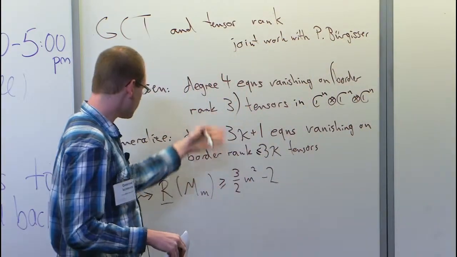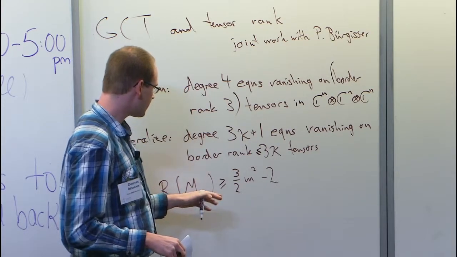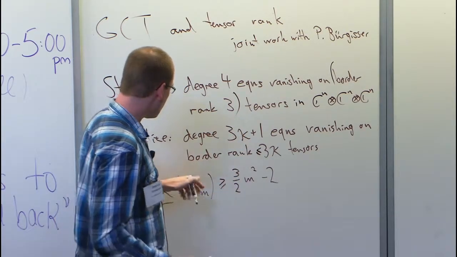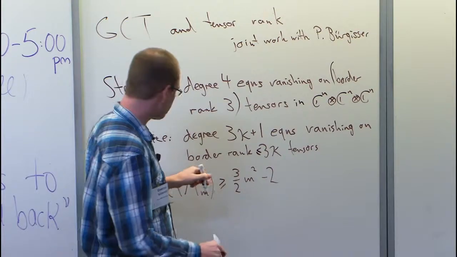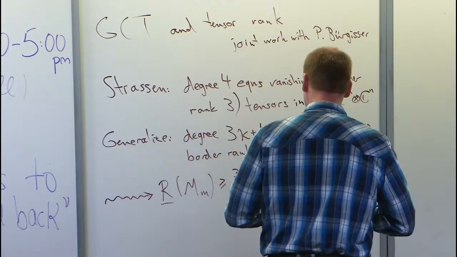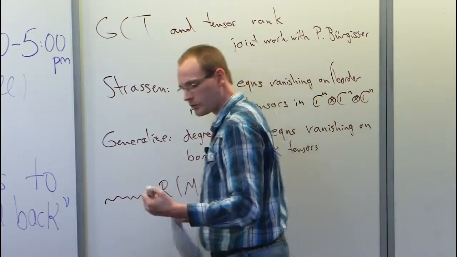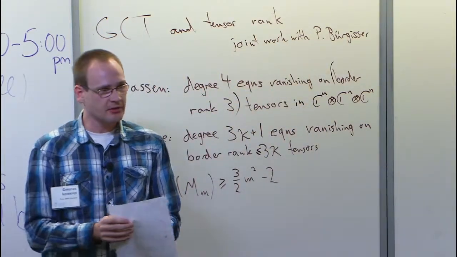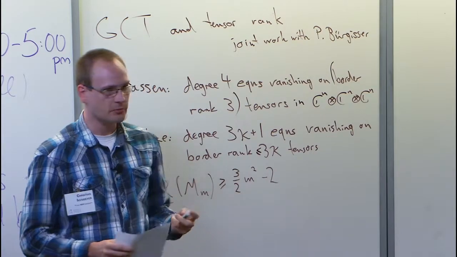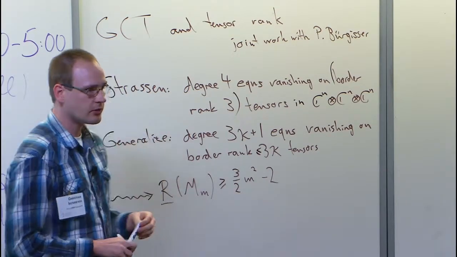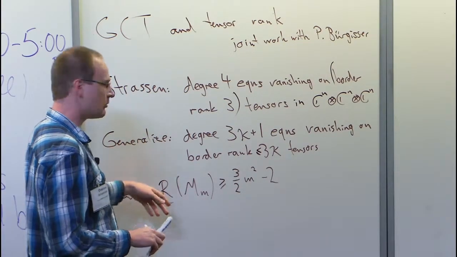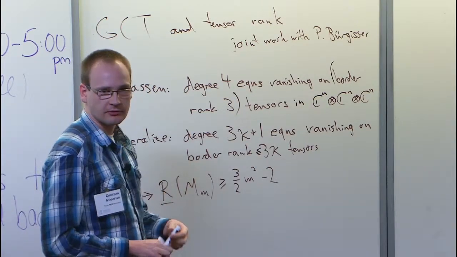When you have this equation, you plug it in, evaluate at the matrix multiplication tensor, you get this lower bound. We will see how this occurs. Also, one feature of this is that since this method is very combinatorial and not very geometric, it also works for the support rank, because it actually only uses the support of the tensor.